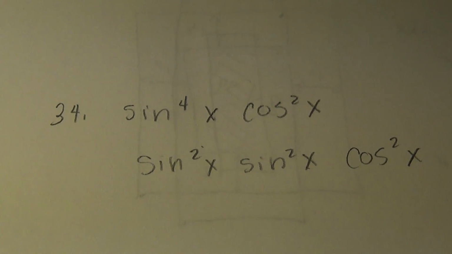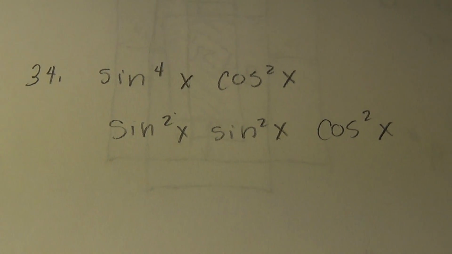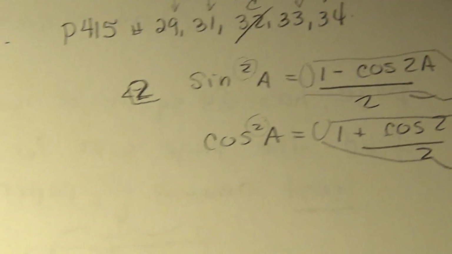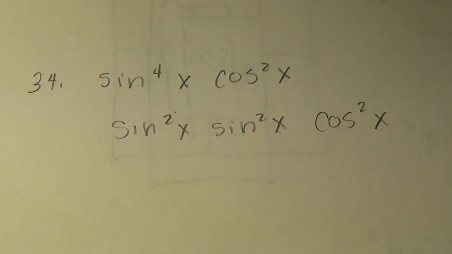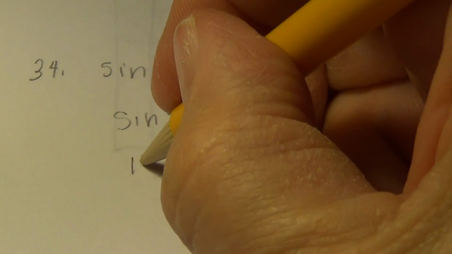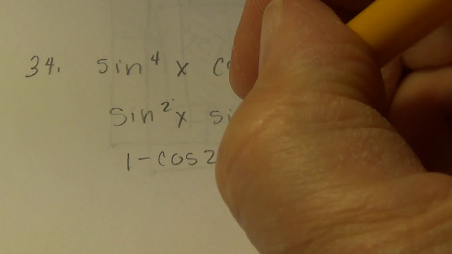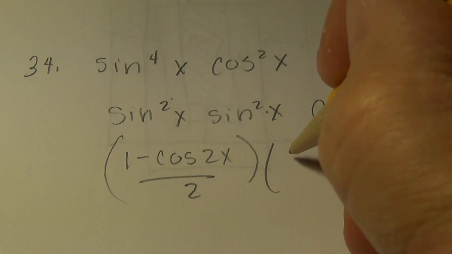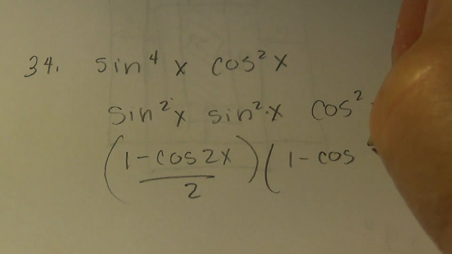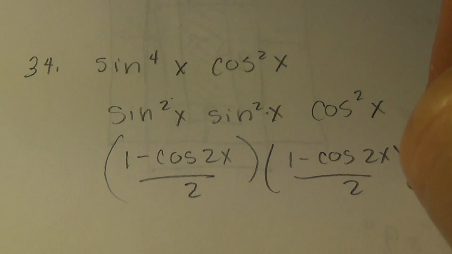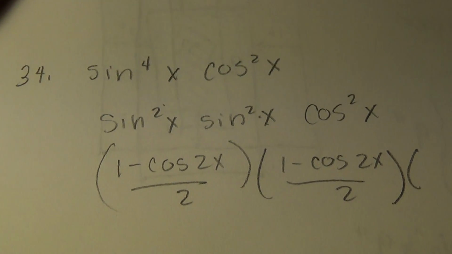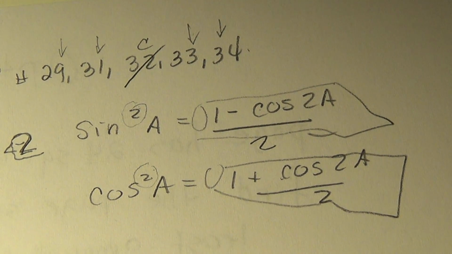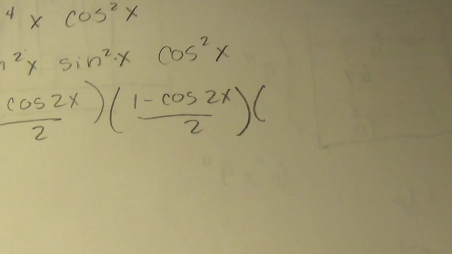Now I'll take from my guns here: sine squared is 1 minus cosine of 2x over 2, and then we have sine squared again, 1 minus cosine of 2x over 2. And we have cosine squared, which is 1 plus cosine of 2x over 2.